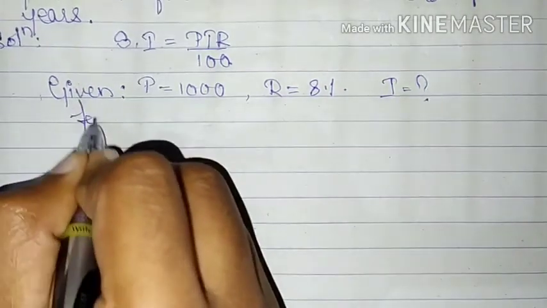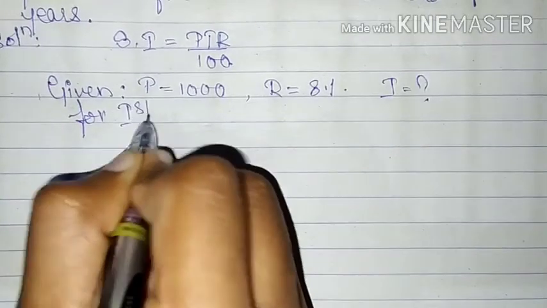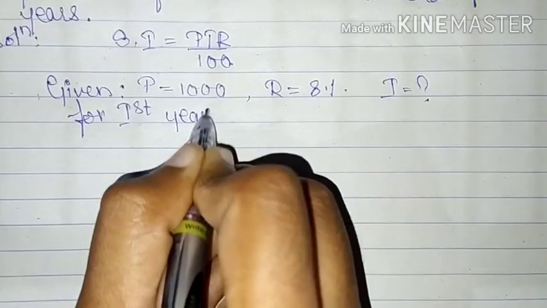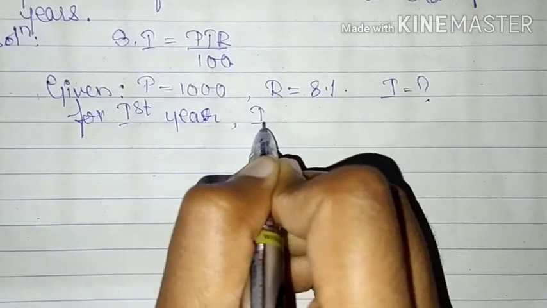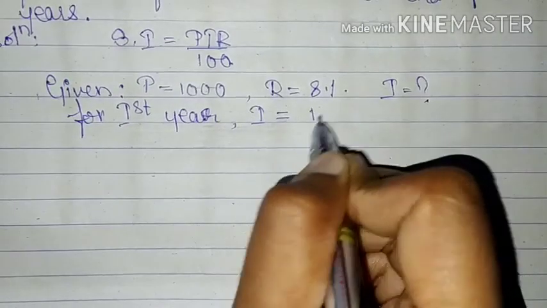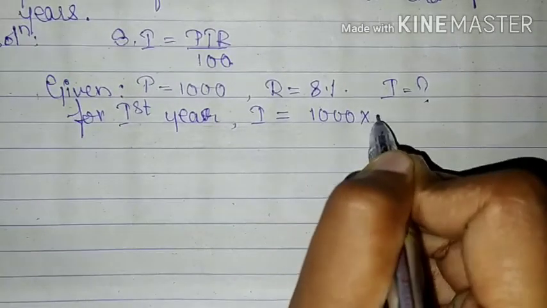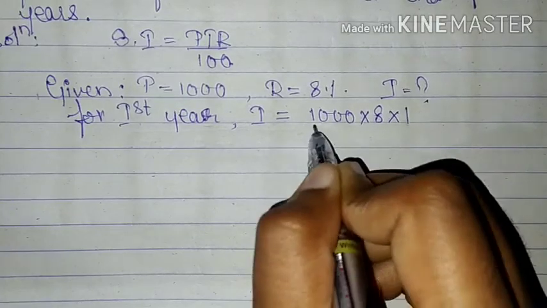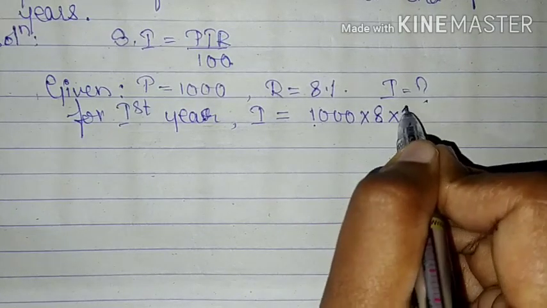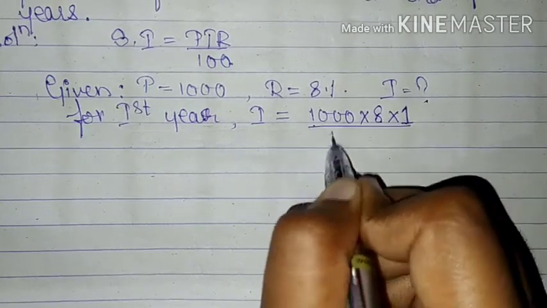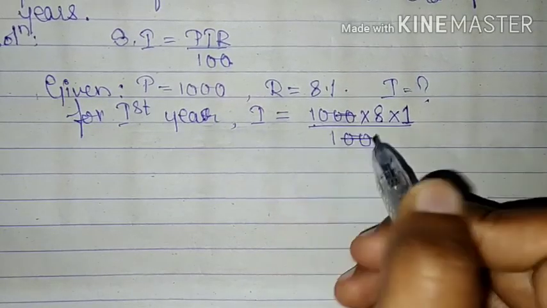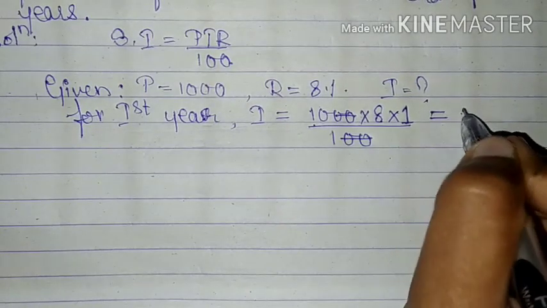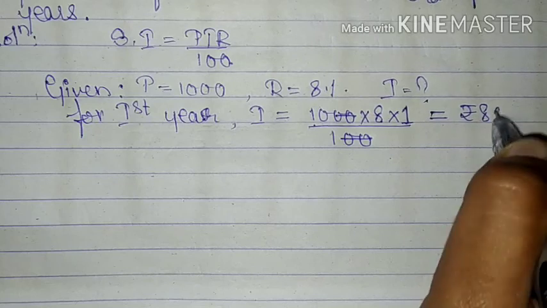So I is equal to how much? So for first year, I is equal to 1000 into 8 into 1 PTR. The time was 1 year here, right? Divided by 100. Cancels out. What we have is rupees 80.